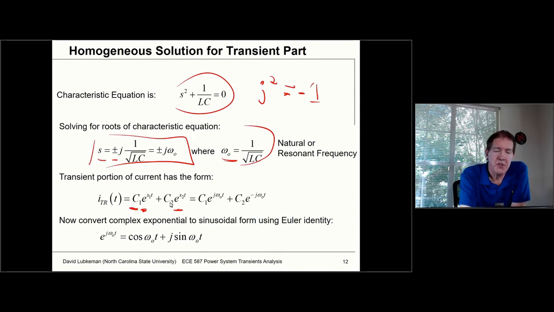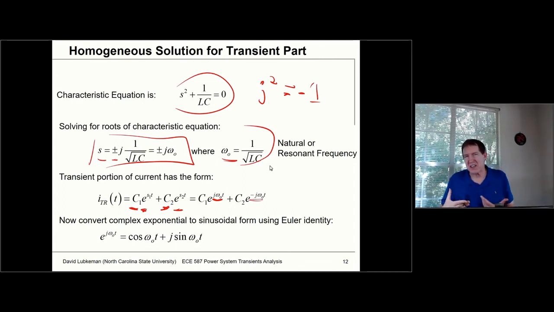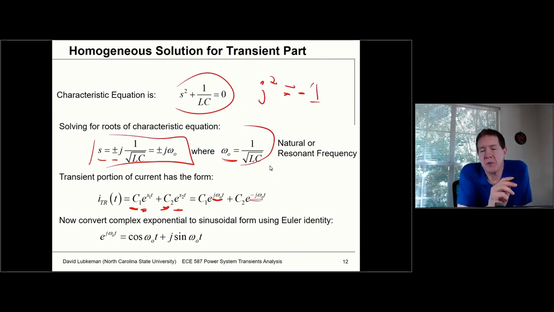We're going to have coefficients c1 and c2, and you'll see in a bit why I'm not using a1 and a2. When I plug in for s1 and s2, the powers on the exponentials are going to be complex numbers, e to the j omega naught t and minus j omega naught t. Since we typically don't work with these complex exponential terms, we're going to convert this into sine and cosine terms using what's called the Euler identity.